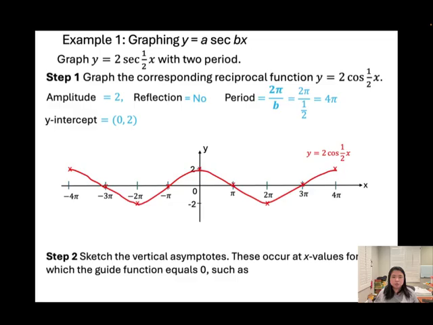Okay, step 2. Sketch the vertical asymptote, and this occurs at the x values for which the guide function equals 0. Okay, find out which part x equals 0. So this is talking about here, right? X equal to negative 3 pi, x equal to negative pi. Okay, we use the dotted line to represent the vertical asymptote.